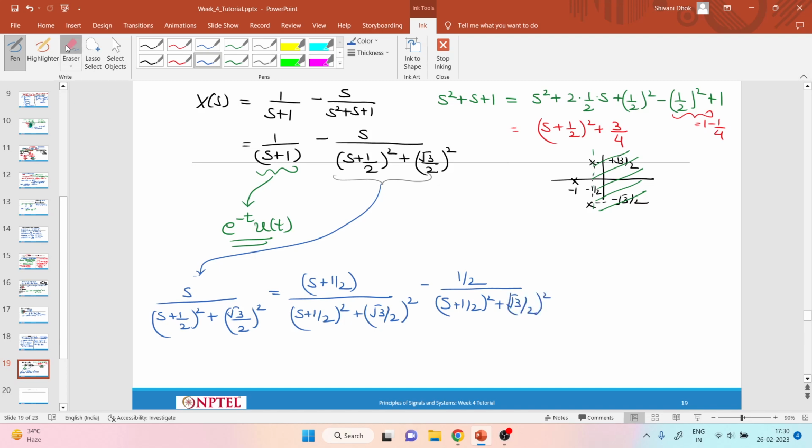So let me multiply and divide the numerator by √3, so what I'll have is √3/2 into 1/√3.